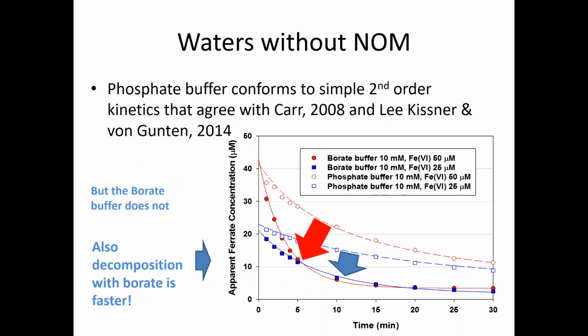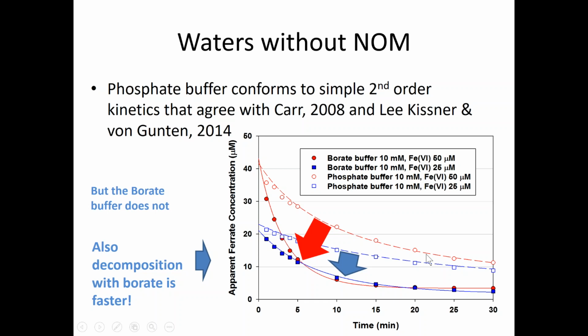So here's a little glimpse of what it looks like to do these studies in the laboratory. This is some data that we generated at UMass, and what I'm showing is the loss of residual ferrate over time.